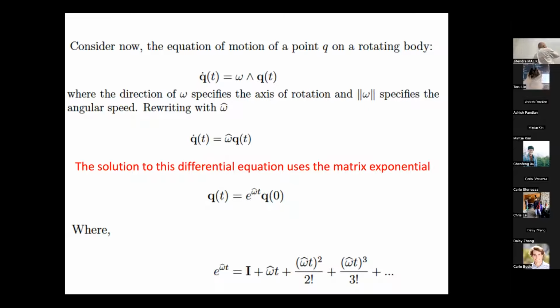X dot equals AX. Right? This is the simplest differential equation that you can learn. And the solution, what's the solution to this differential equation? The solution to this differential equation is x of t is e to the at x of 0.